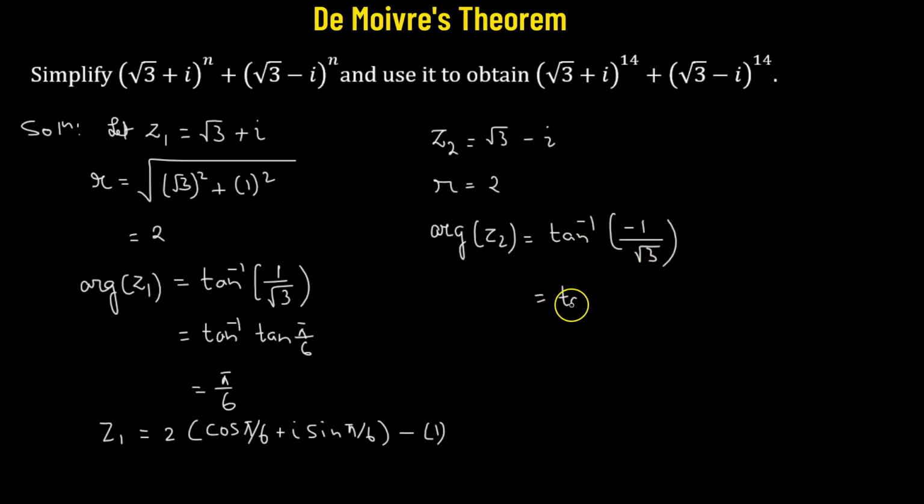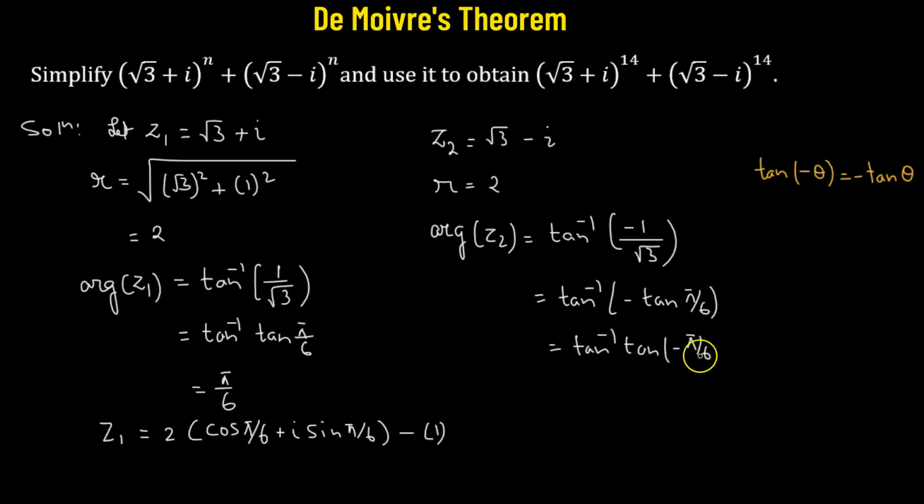That will be equal to tangent inverse of negative tangent of pi over 6. Now we know that tangent is an odd function, meaning tangent of negative theta equals negative tangent of theta, which means we can absorb this negative sign to get tangent inverse of tangent of negative pi over 6, which gives us a value negative pi over 6.